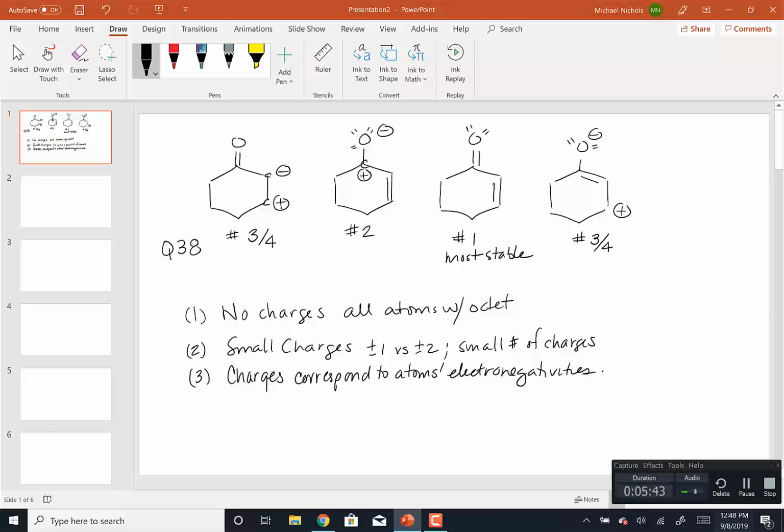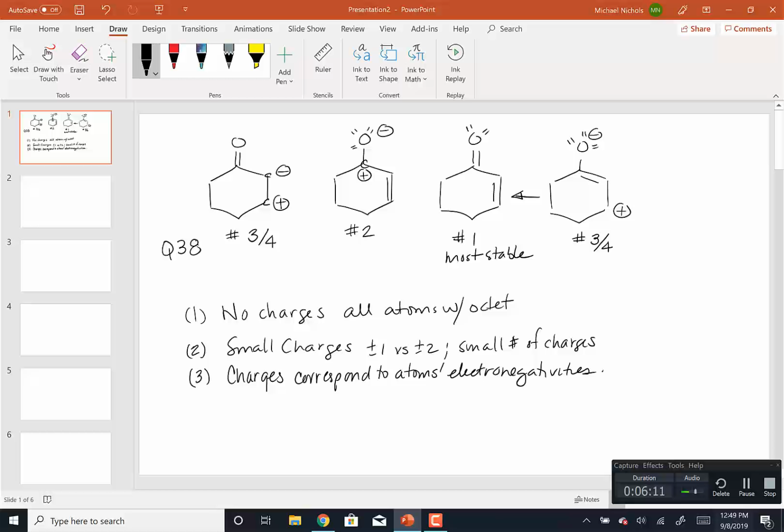I will add one thing about converting the far right structure into the one to its left. Anytime you have a negative charge on an oxygen, you have 3 lone pairs on that oxygen: a single bond and 3 lone pairs. A double bond and 2 lone pairs is an oxygen with a 0 formal charge.